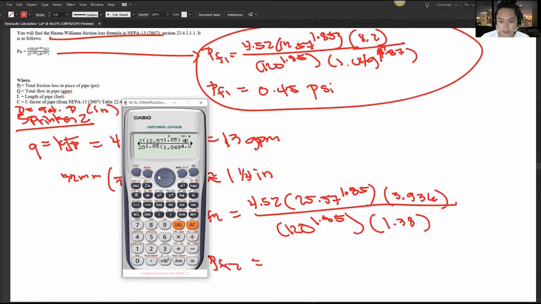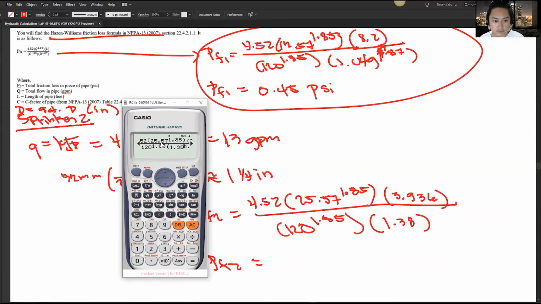This one is 25.57, and this one is 1.38. Let me review this one more time.